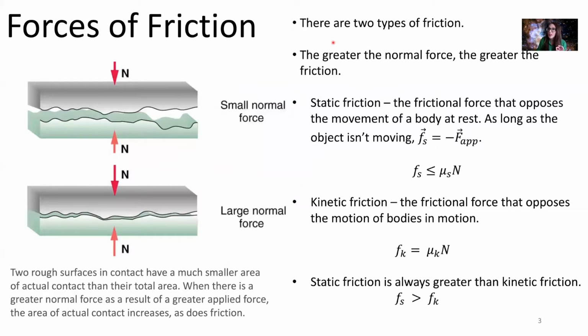Now, the greater the normal force, the greater the friction. We learned about the normal force. The normal force is the force that a surface is pushing back up on an object with. If you are on a perfectly flat surface, that normal force is just the mass times gravity of the object. If you're on an inclined surface, that normal force is going to be reduced because you are no longer on a perfectly flat surface.